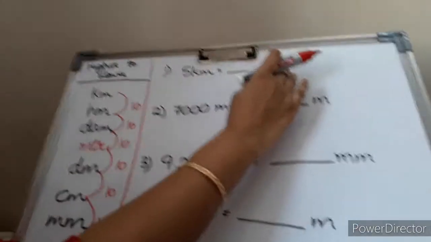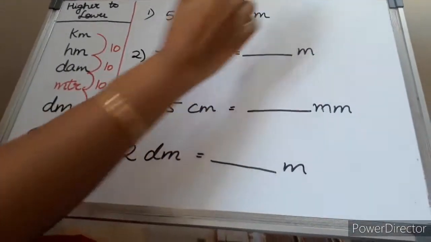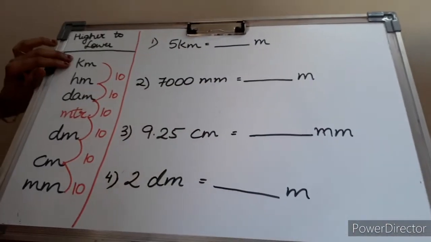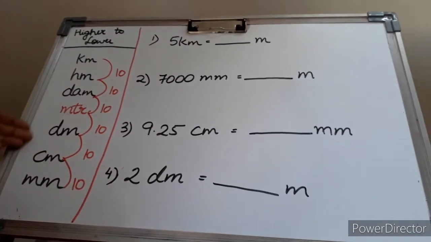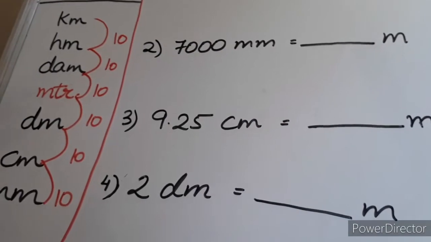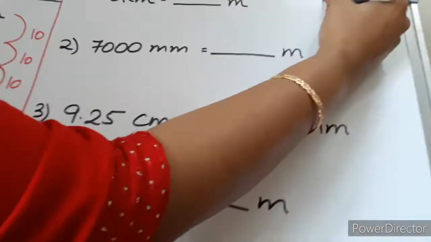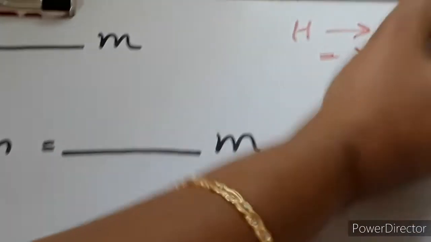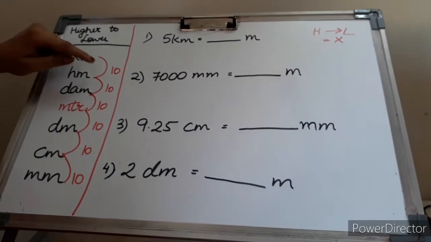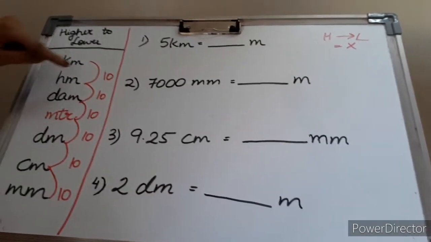5 kilometer is equal to dash meter. That means we know kilometer is the higher unit and meter is the lower unit because they come in decreasing order of value. So we have to change from higher to lower unit, so we have to multiply. Now, how much is the difference?